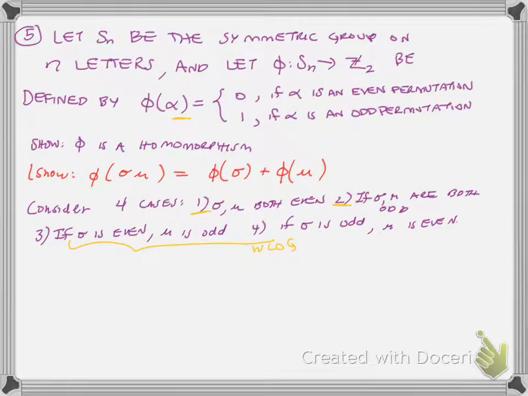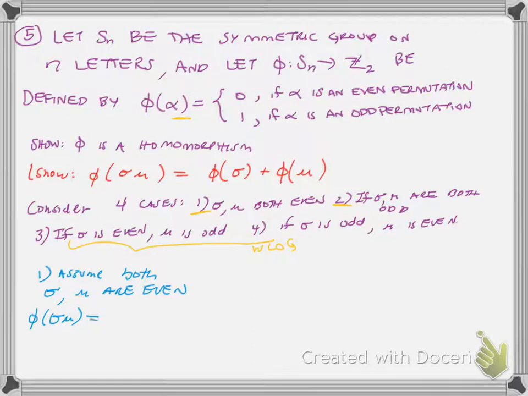And so let's look at case 1, so assume both sigma and mu are even. Well, what does that mean? You may have to go back and revisit permutations. But if sigma and mu are both even, then when you compose them, it will also be even.